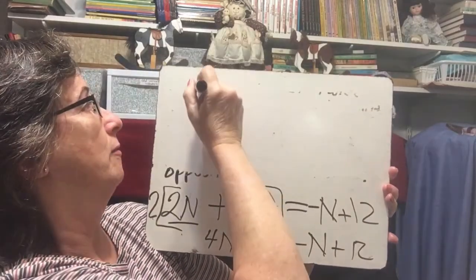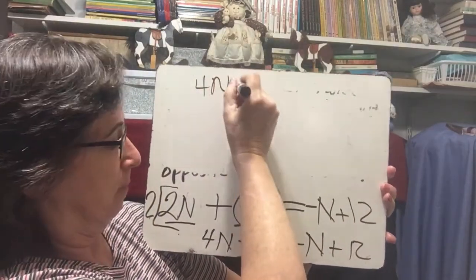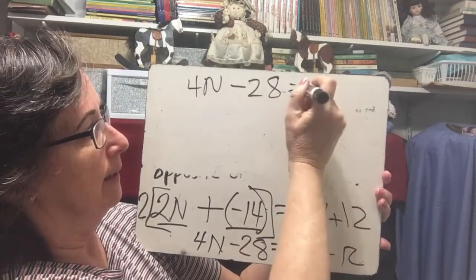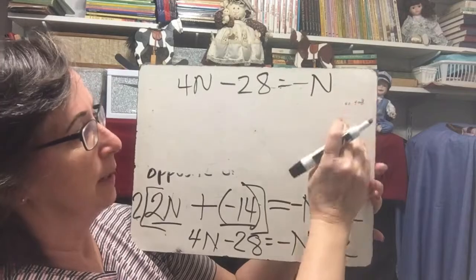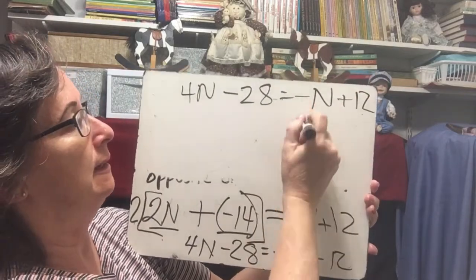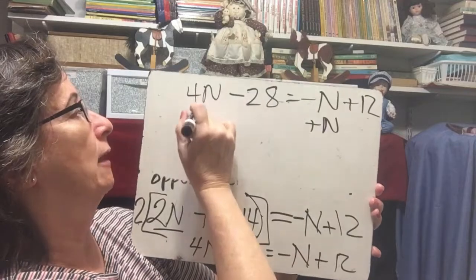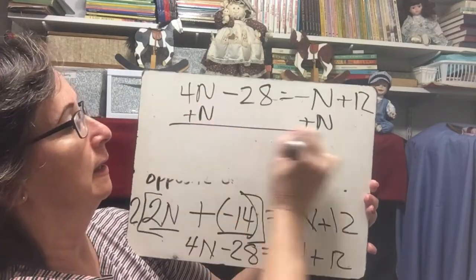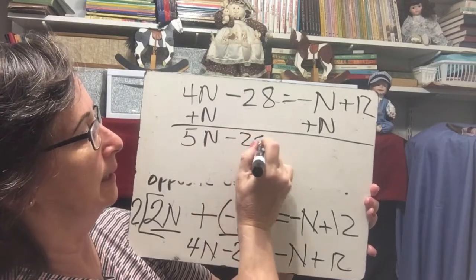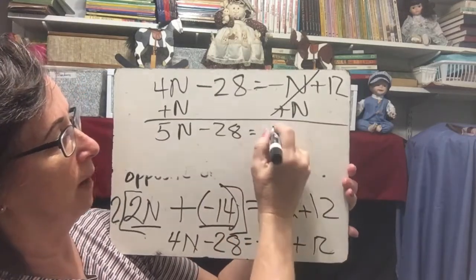So we're going to have 4n minus 28 equals negative n plus 12. And then we're going to add n to get rid of that one. And we get 5n minus 28 equals 12.